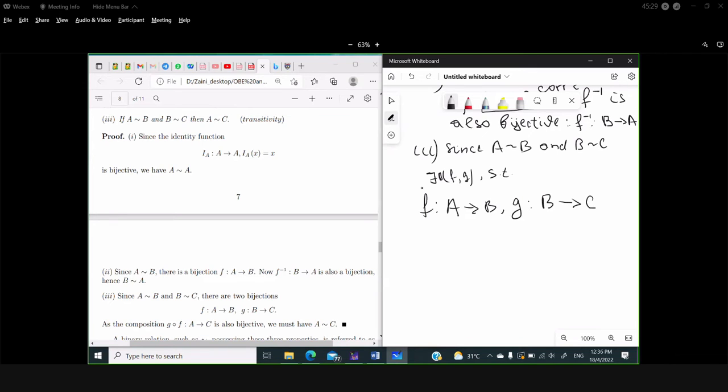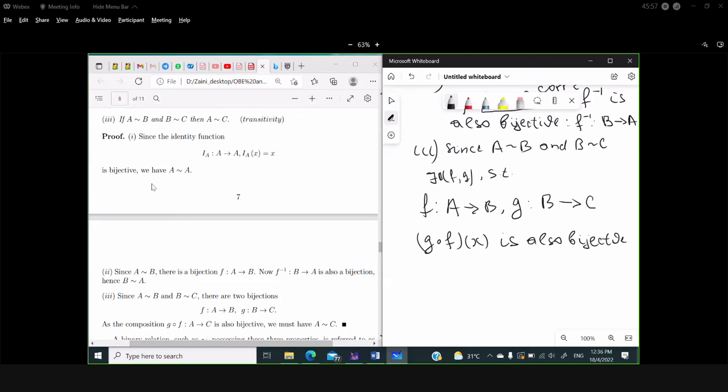Bijectivity actually brings about the equivalence of the sets. So now the composite of f and g, the composite function, is also bijective. It is also bijective because of which corollary? The bijective composite function.